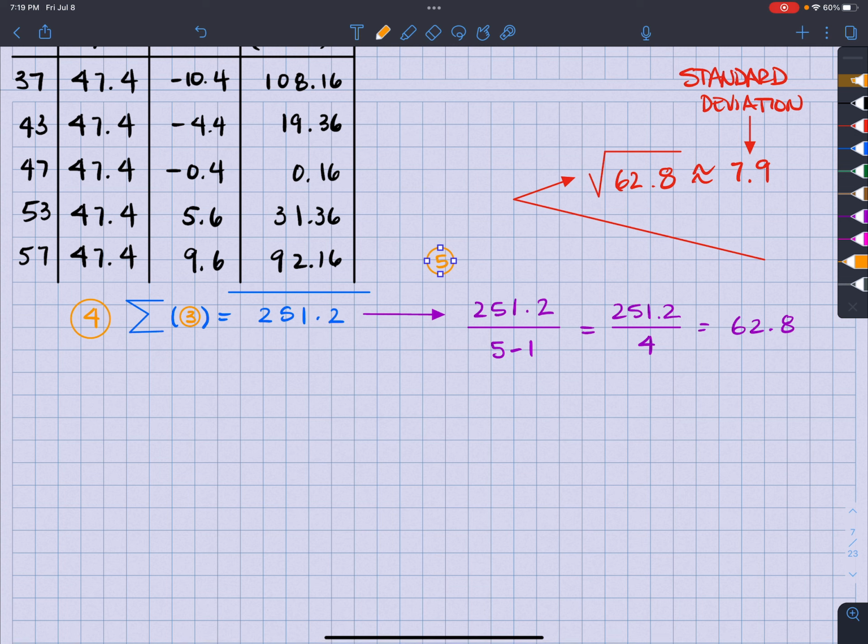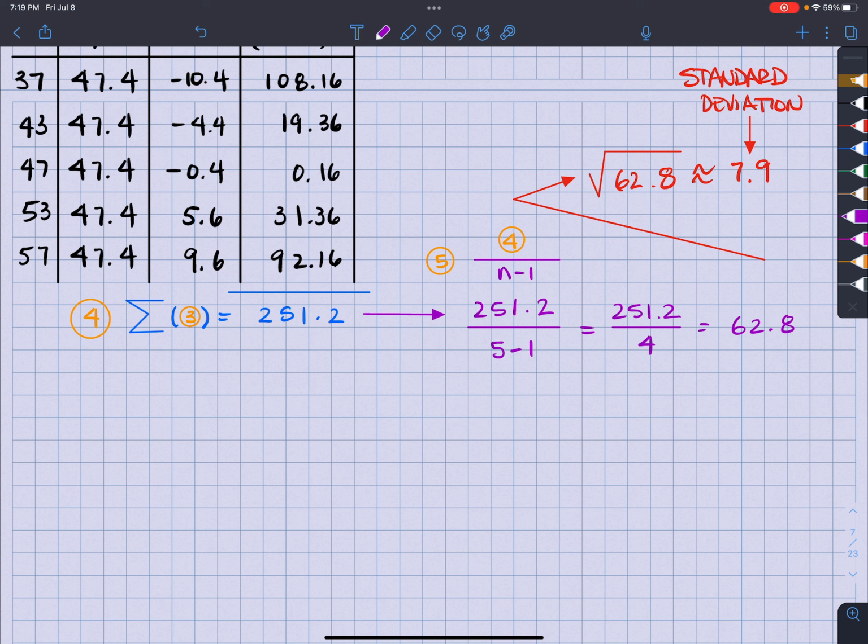So this was taking step 4 and dividing by n minus 1.